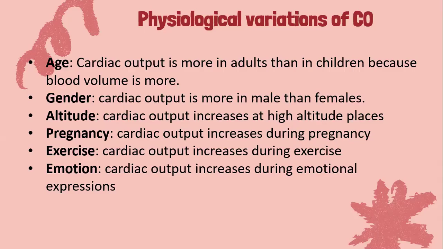In gender, cardiac output is more in males, as males have a bigger heart. In high altitude, cardiac output usually increases. In pregnancy, cardiac output also increases because of the high demand. Exercise and high emotional status also increase the cardiac output.